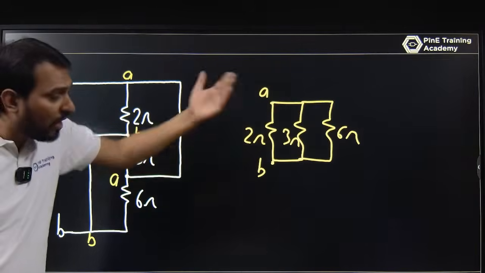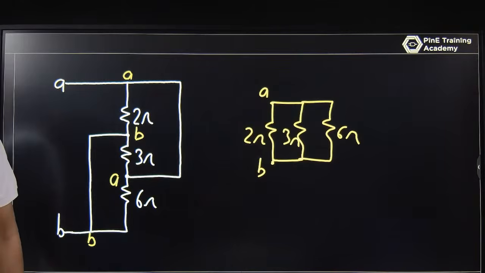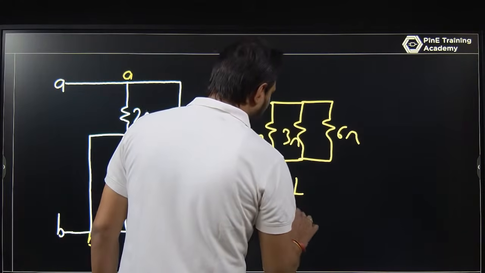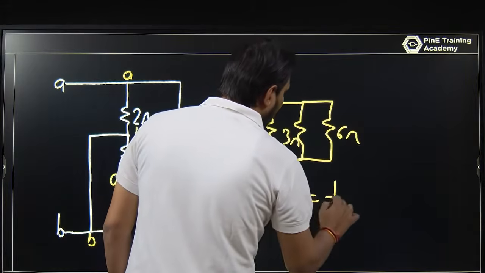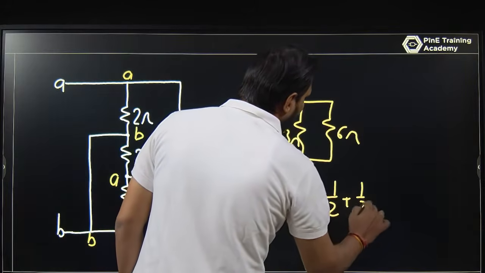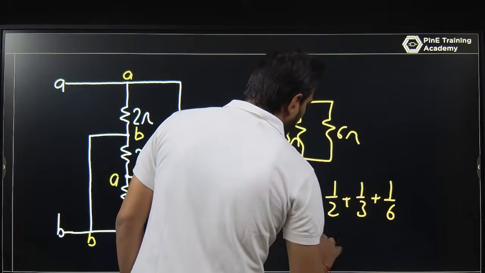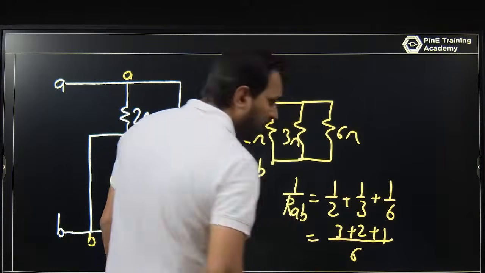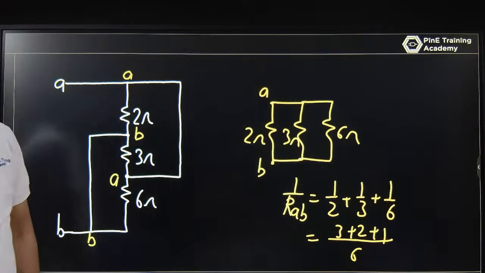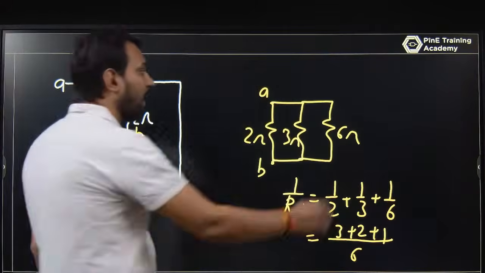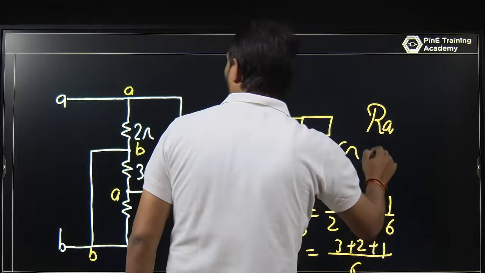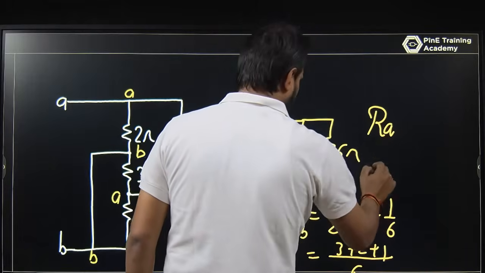It may be 2 or less than 2. So just find what is RAB. So this is 1 by 2 plus 1 by 3 plus 1 by 6. So this is 6, this is 3, this is 2, this is 1. And RAB is what? Oh, sorry.